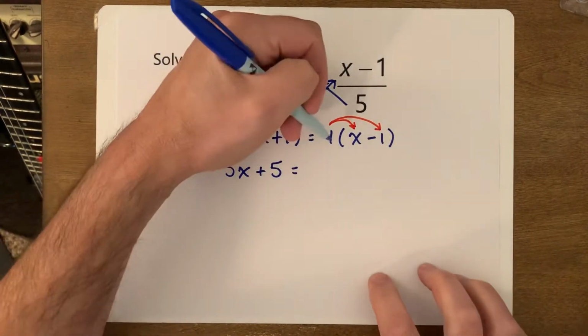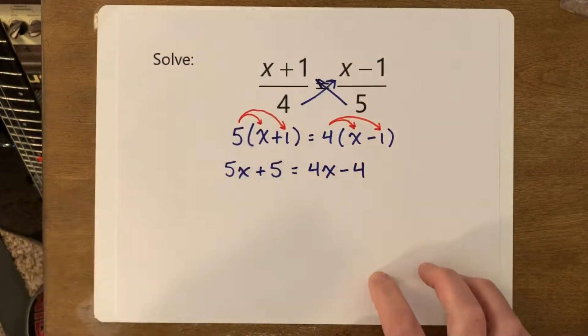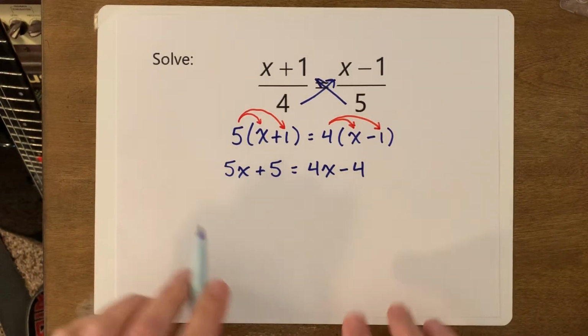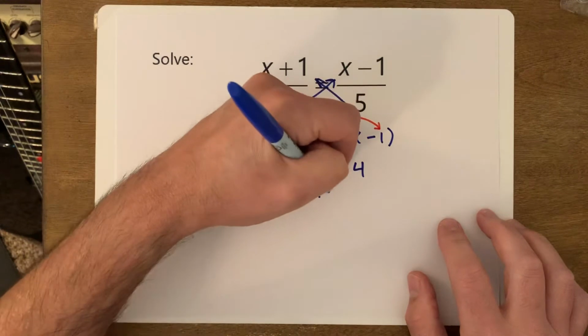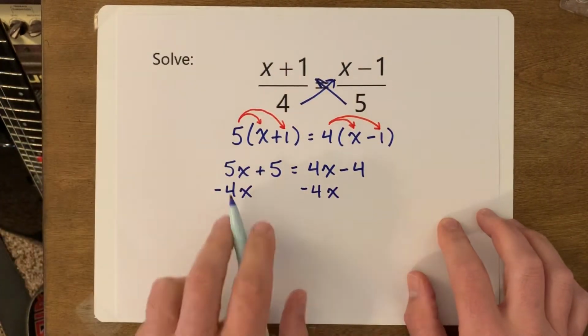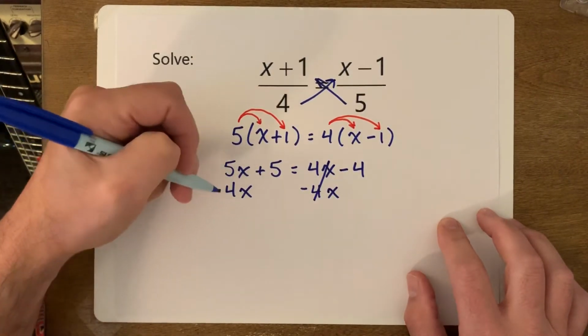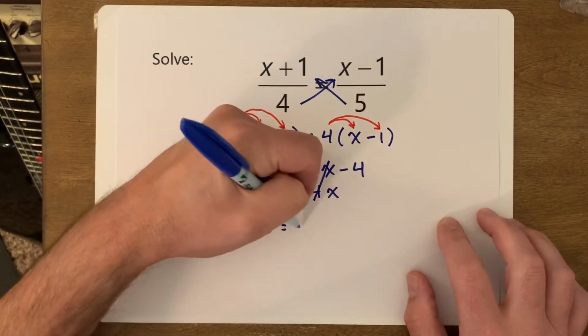And over here, we're going to get 4x minus 4. 4 times negative 1 is minus 4. Now I have a multi-step equation, so I'm going to decide to subtract 4x on both sides. You can do any of the 4 movements, but I'm going to go ahead and move this one over. Those cancel. 5 take away 4 is 1, x plus 5 equals negative 4.